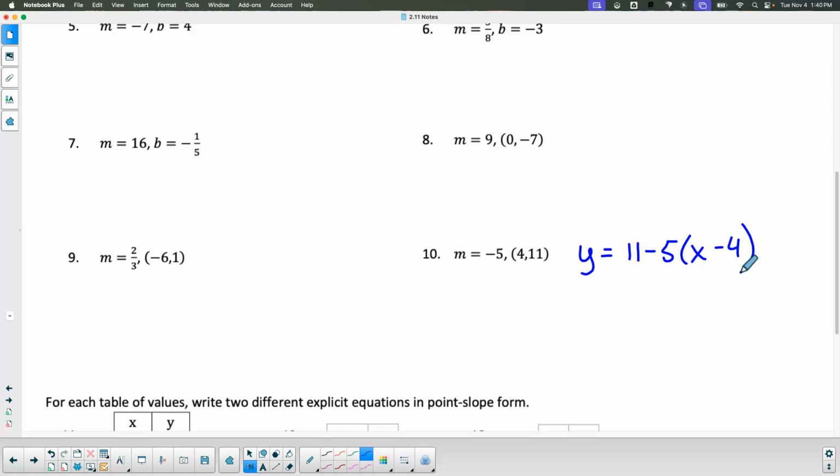But yesterday I said I wanted all of those in y equals mx plus c form, because then they're all the same. So then this would be 11 minus 5x plus 20. If I distribute, that gives me y equals -5x plus 31.